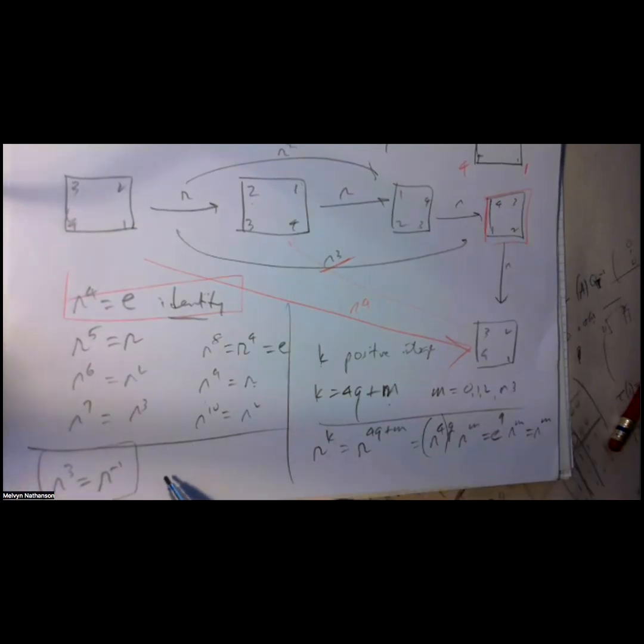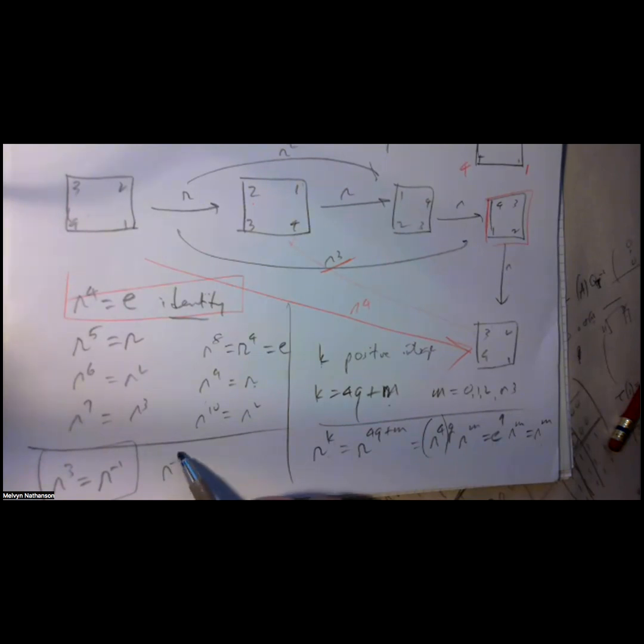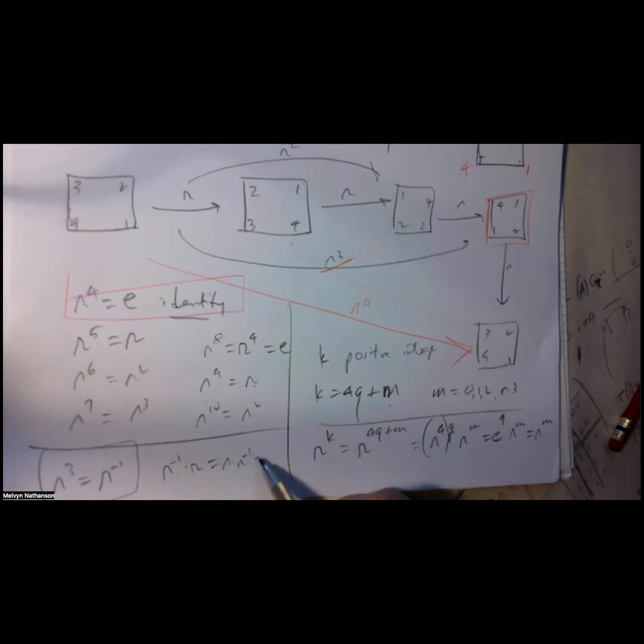And one way to see this: r inverse has the property that the symmetry r inverse reverses the action of the symmetry r. So r inverse times r, or r times r inverse, has to be the identity rotation. And in fact, r cubed has that property because r cubed times r is r to the 4th, which is the identity.